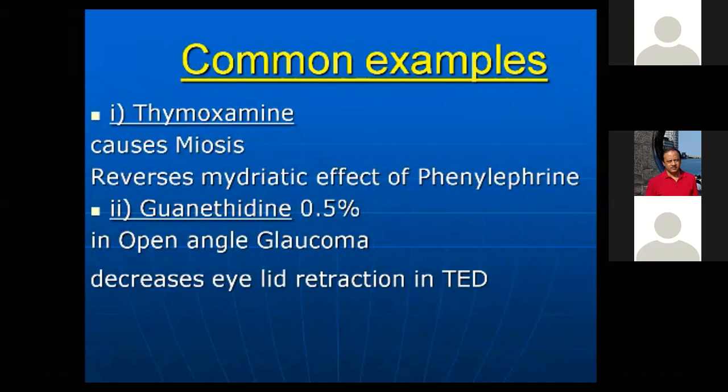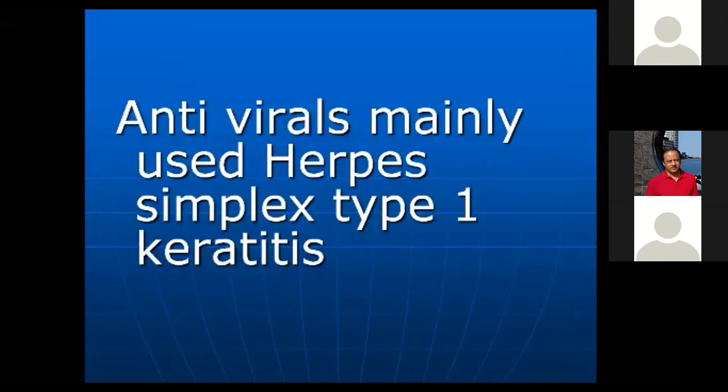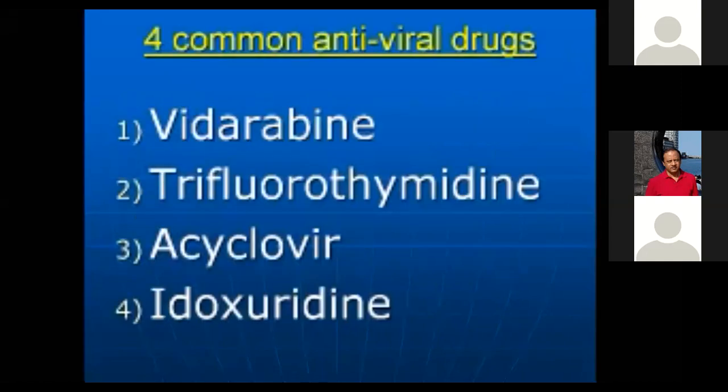Now, the next category is called antiviral drugs. The antiviral drugs are mainly used in the treatment of herpes simplex type 1 keratitis. In ophthalmology, antivirals are mainly used in the treatment of herpes simplex. There are various antiviral drugs, but just remember four important ones.